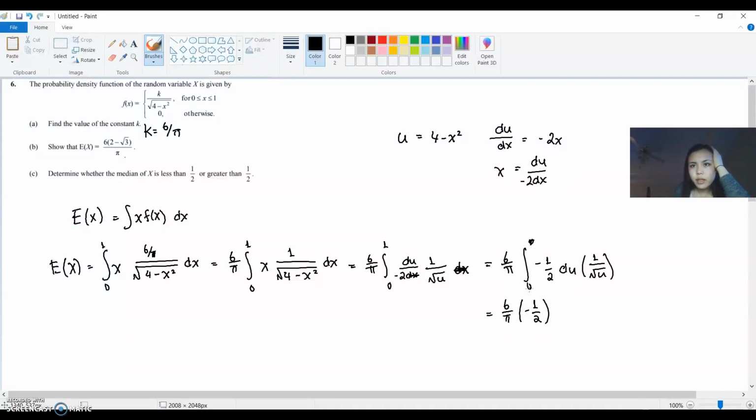Since we no longer have x, we need to change the limits to u. When x equals 0, u equals 4 minus 0, which is 4. If x equals 1, then u equals 4 minus 1, which is 3. So now we have 4 to 3.